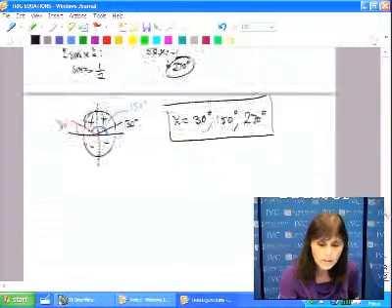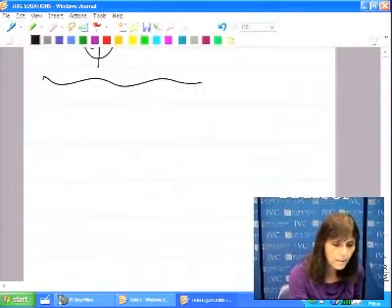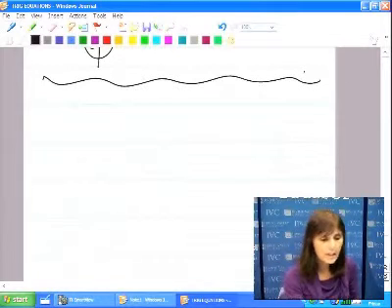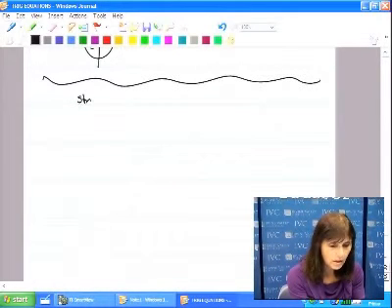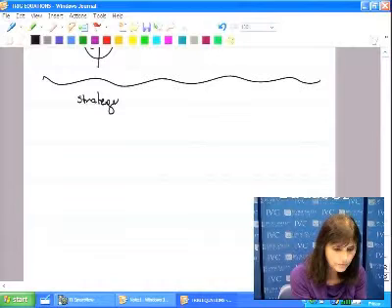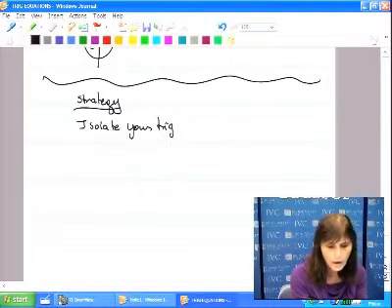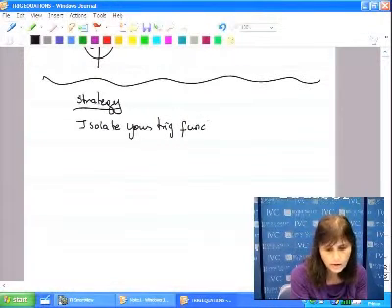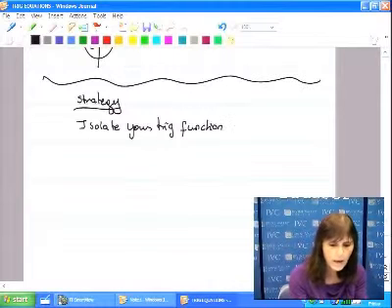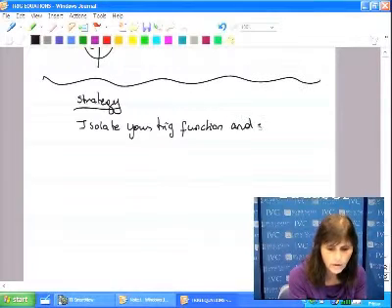So just to summarize, how does this work? Try the isolate strategy: isolate your trig function and solve with inverses.